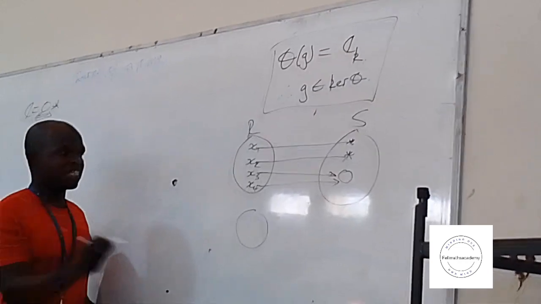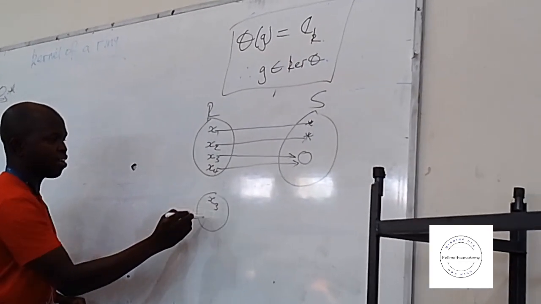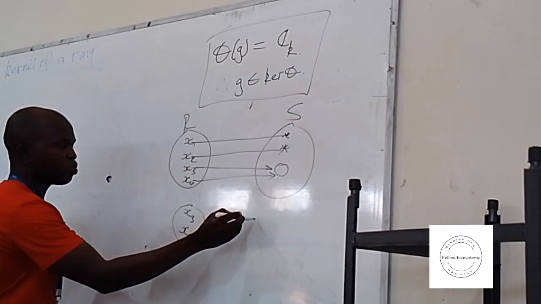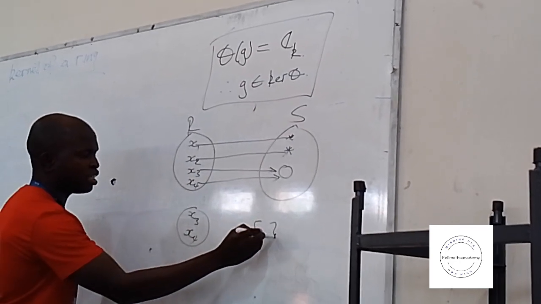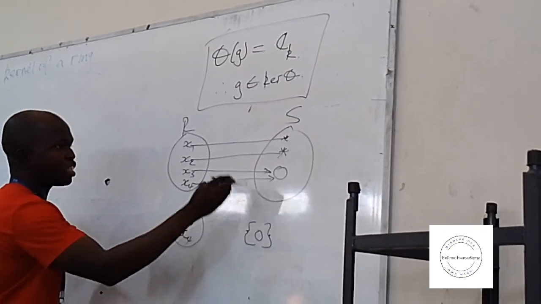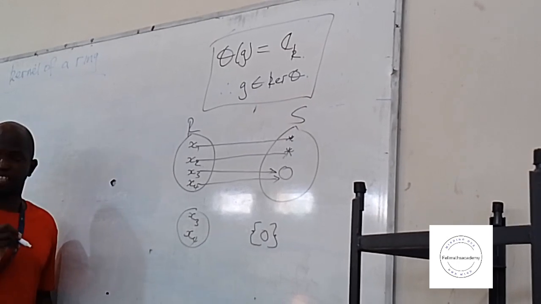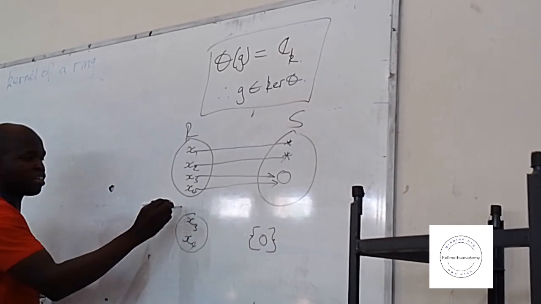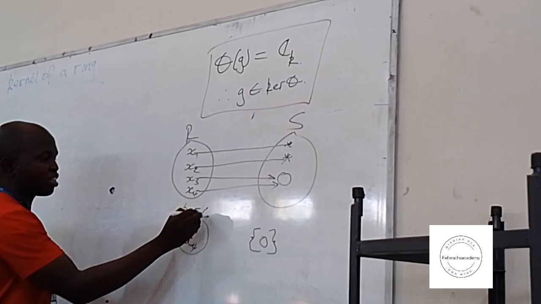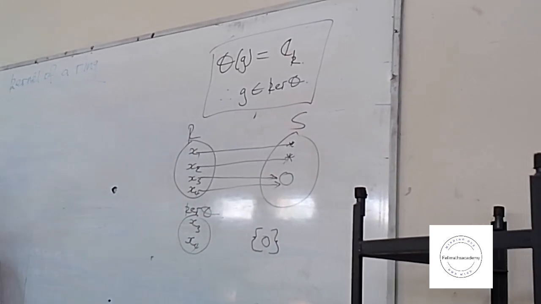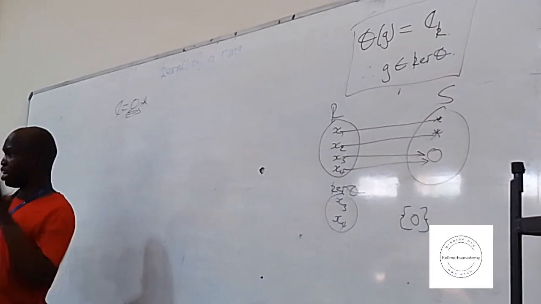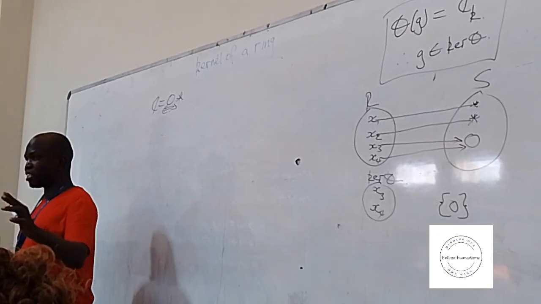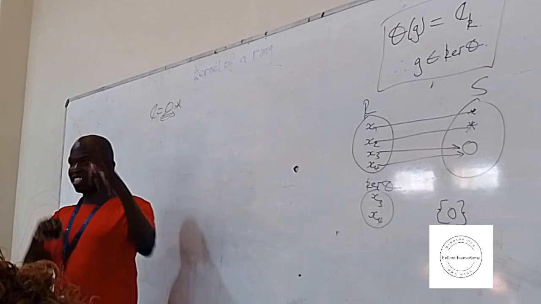We have a special set x3, x4, which is being mapped to the identity 0, which is in S. So this special type of set is attributed to the kernel of theta. Kernel of a ring. It is the same concept as before.